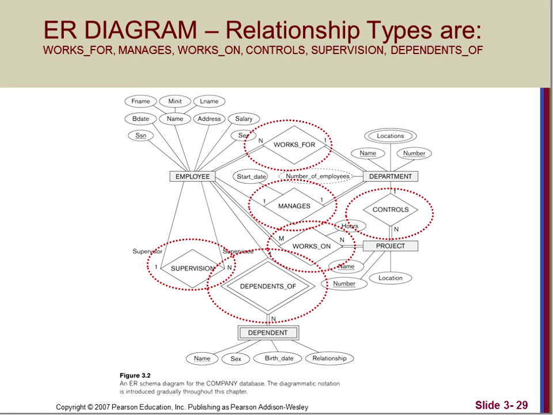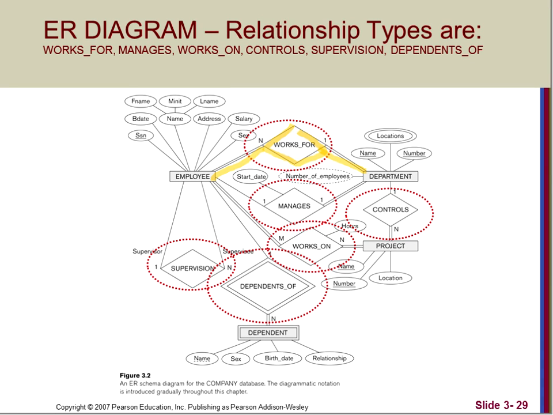To represent such a relationship type, we can use a diamond, like this one, then connect it to the corresponding entity types. So for example, works-for is the relationship between the employee and department entities. Another example is manage, the employee manages the department. Similarly, we can do works-on, control, and dependent-of.